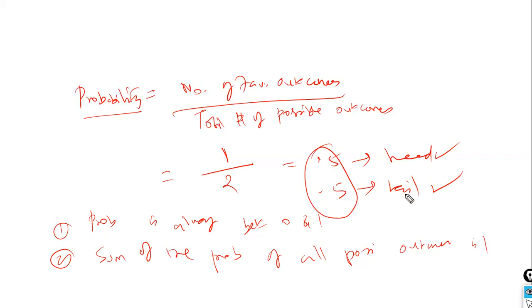If you add these two, you get 1. It should not go beyond 1. That is what the second point tells: the sum of the probability of all the possible outcomes, here 0.5 and 0.5, is 1. It should not exceed 1. The probability value always lies between 0 and 1. You understood? This is what I'm trying to say.